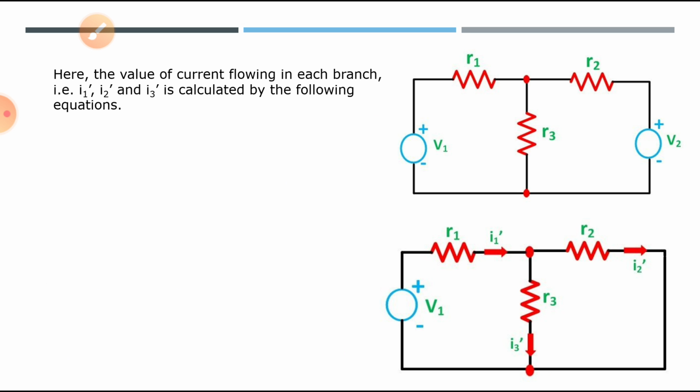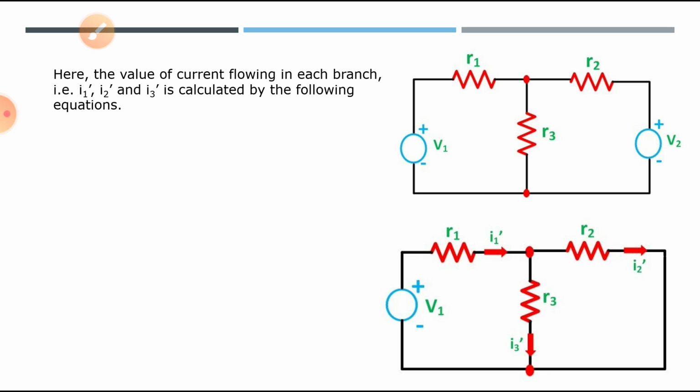I1 dash, we know the total current, R1 and R2, R3 is connected, we just calculated in equation 1. I2 dash also we calculated, and based on this, I1 dash minus I2 dash is I3 dash. The total current minus I2 dash gives I3 dash, or we can calculate it with a simple current division method.